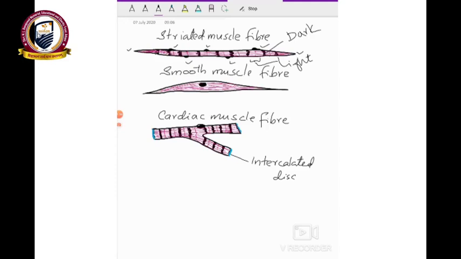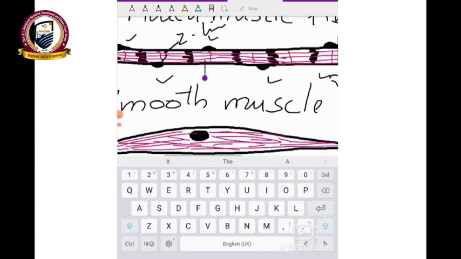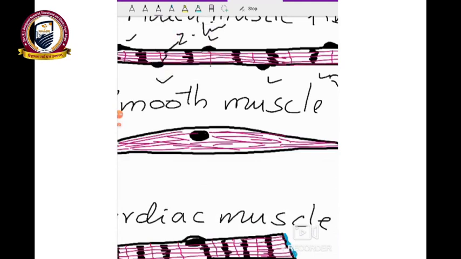You see here a Z line, and in between two Z lines, for example, from this Z line to this Z line, this is called one sarcomere. So this is the structure of the striated muscle fiber.